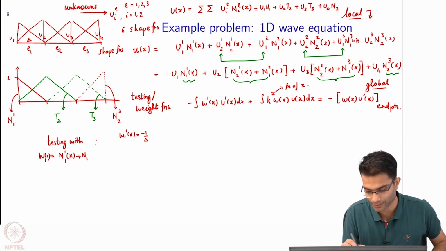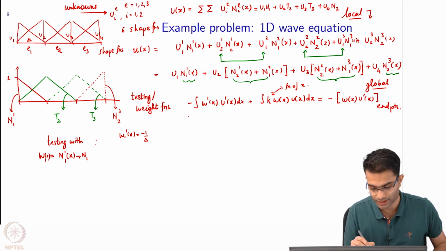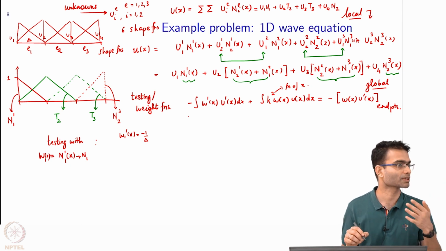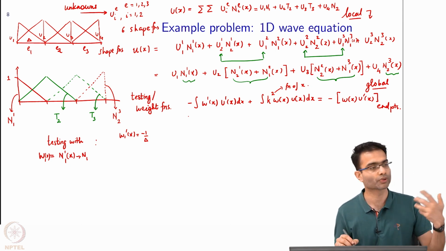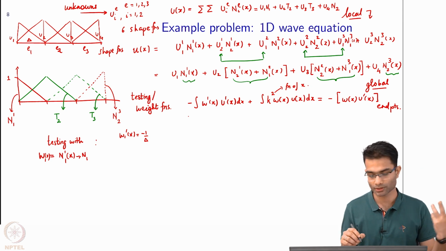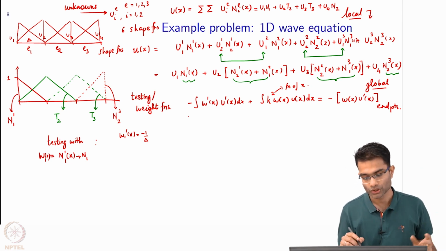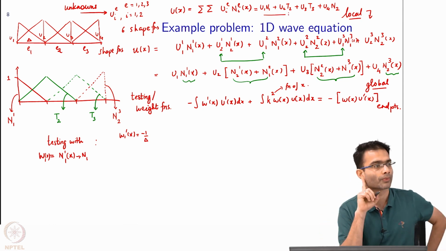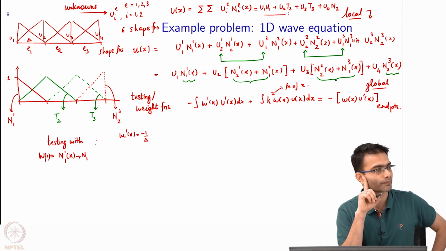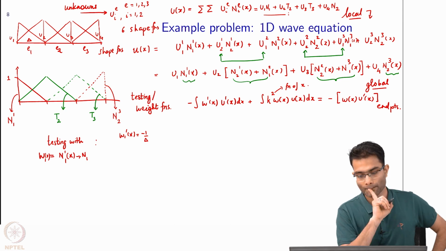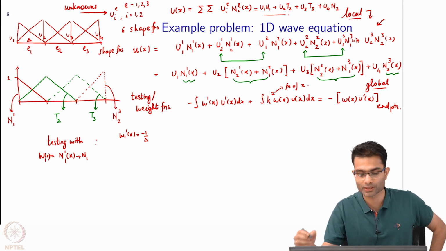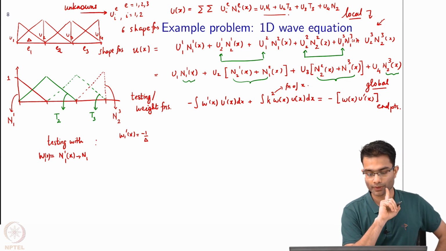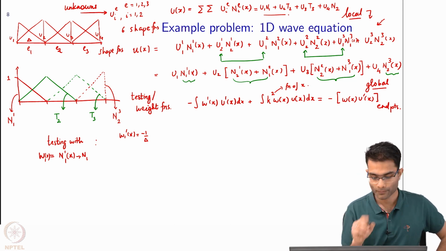And this integral is over which segment now? This integral is going to be only over segment E1. All other segments are 0 because W itself is 0 outside it, so the derivative is also not defined outside of it. So U prime x, this is my U over here. Which terms will appear in U prime? Look at this form of U of x. Now you have to evaluate U prime of x. So let's write it down.